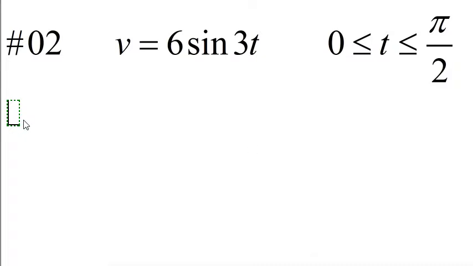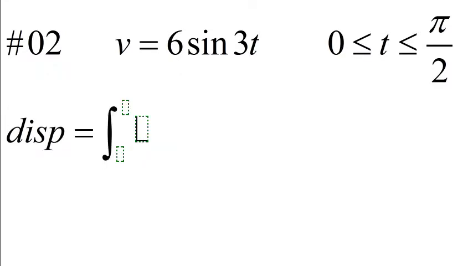So again, what would I be looking for here? Two things: that you wrote the integral down correctly, and that you got the right answer out of your calculator for it. So let's go with displacement. Integral, you guys tell me.